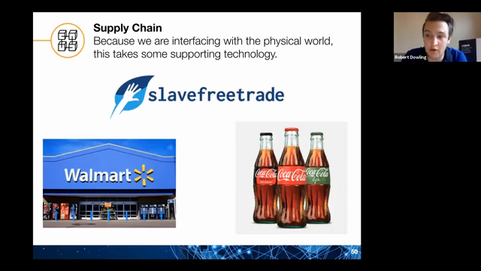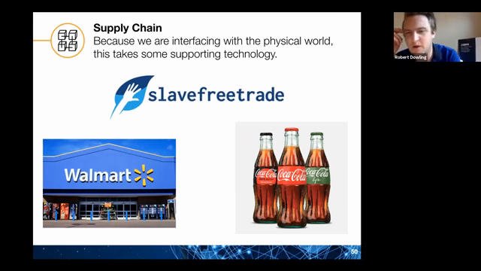Well, you can actually track where money went, for example, if Coca-Cola is selling Coke bottles, you can track where the funds went to create that bottle of Coca-Cola, all the way down to the labor that created it. So an organization called Slave Free Trade, I think they've partnered up with Walmart and Coca-Cola.